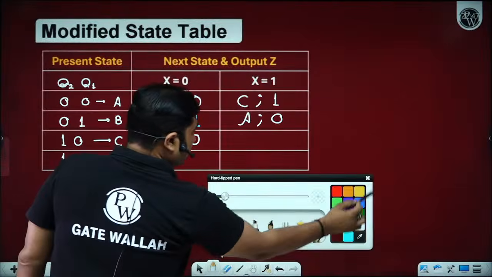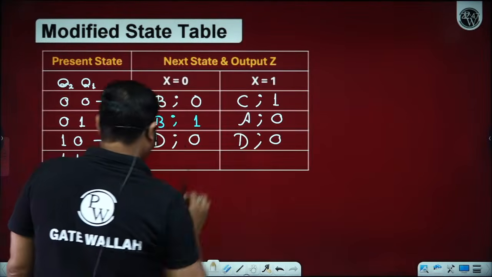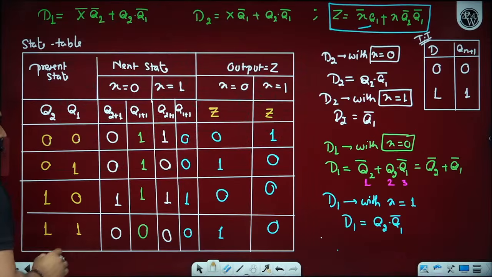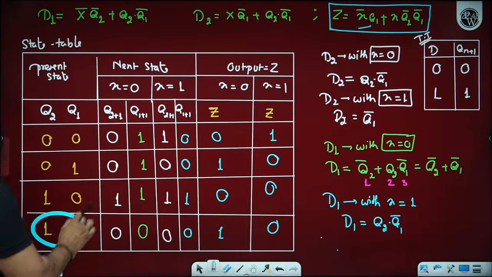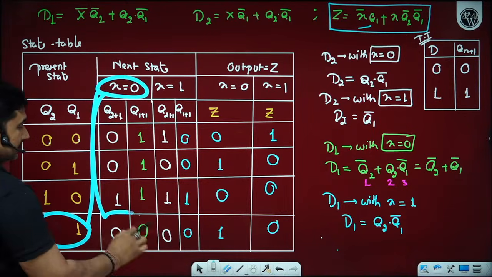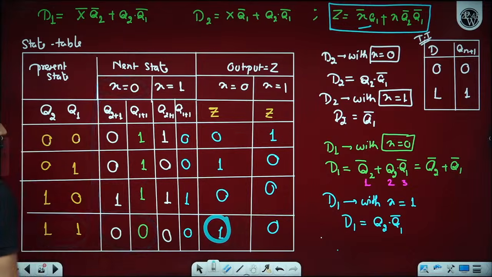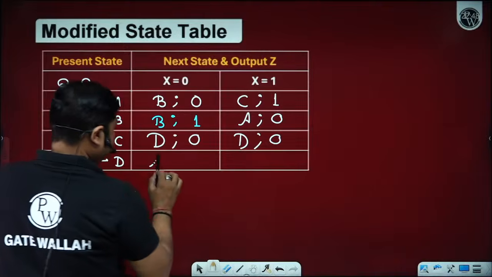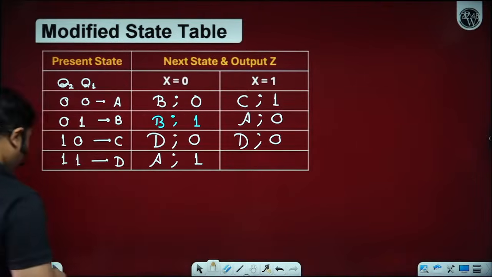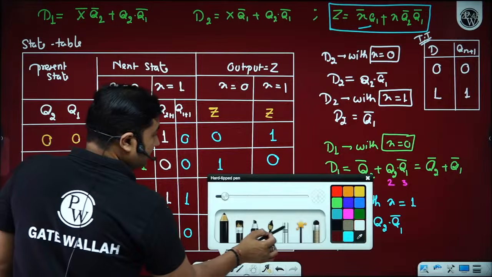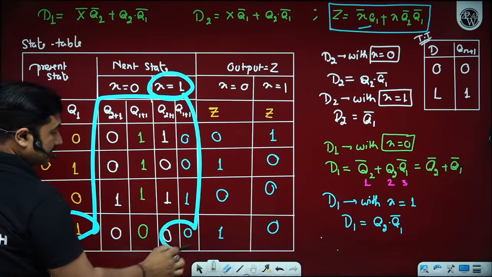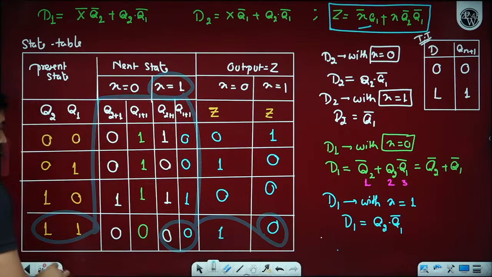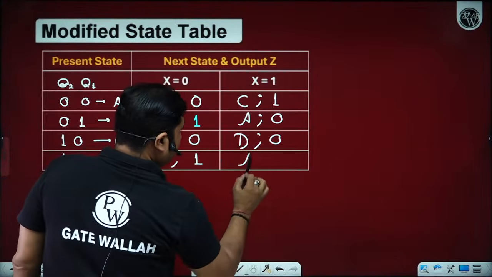So D 0, D 0. Present state D with x is equals to 0, next state A, output 1. Present state D, x is equals to 1, next state A, output 0.